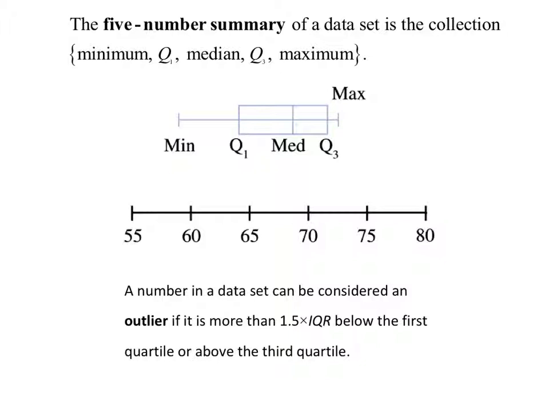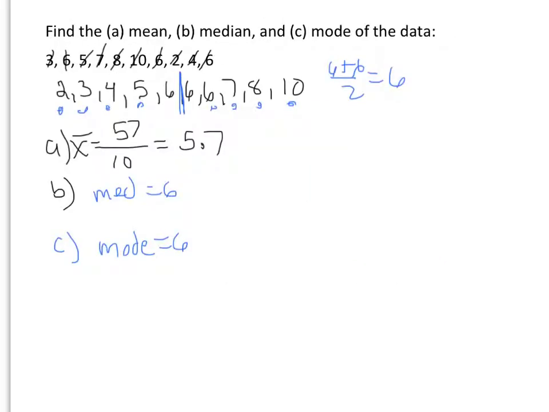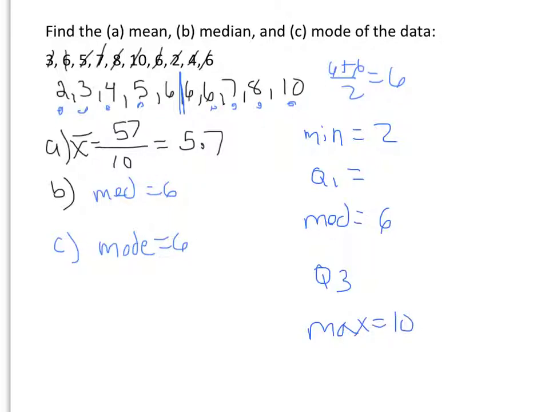If we did the 5-number summary here, the min is 2, and then we'd have Q1, the first quartile, the median, 6, the third quartile, and the max, 10. Now the first quartile is the median of only the first half of the data.